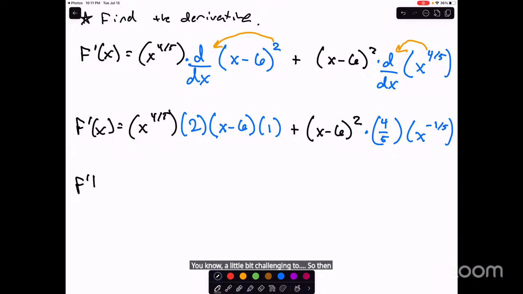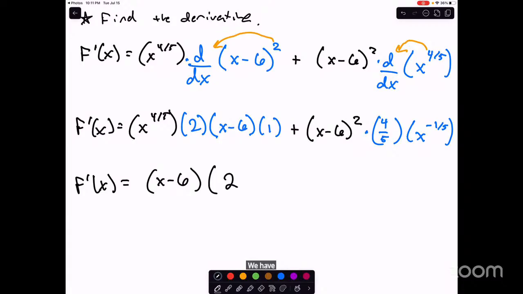So then f prime comes down. We got this x minus 6. Now in that first term, what's left? We have that 2 times x to the power of 4 over 5, okay? And then we're going to say what? Plus, there's still an x minus 6 here.